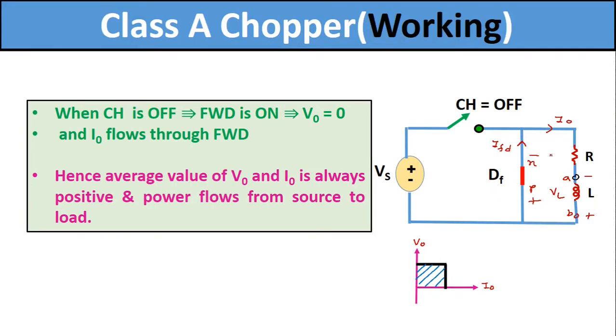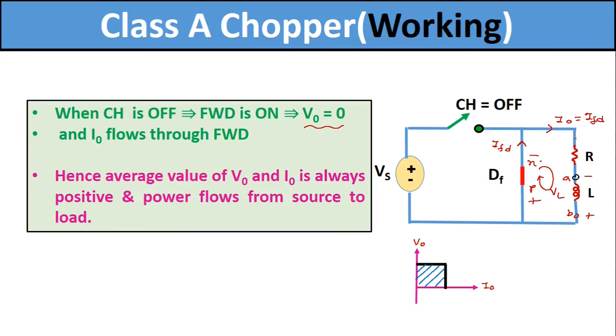Now in this condition, the freewheeling diode current will be equal to the load current, and as this short circuit created by the freewheeling diode comes across the load RL, the load voltage becomes 0 when the chopper switch is off. As the load current is flowing in this loop in the form of a wheel, it is called the freewheeling process. As this freewheeling takes place through this diode DF, this diode is called the freewheeling diode.